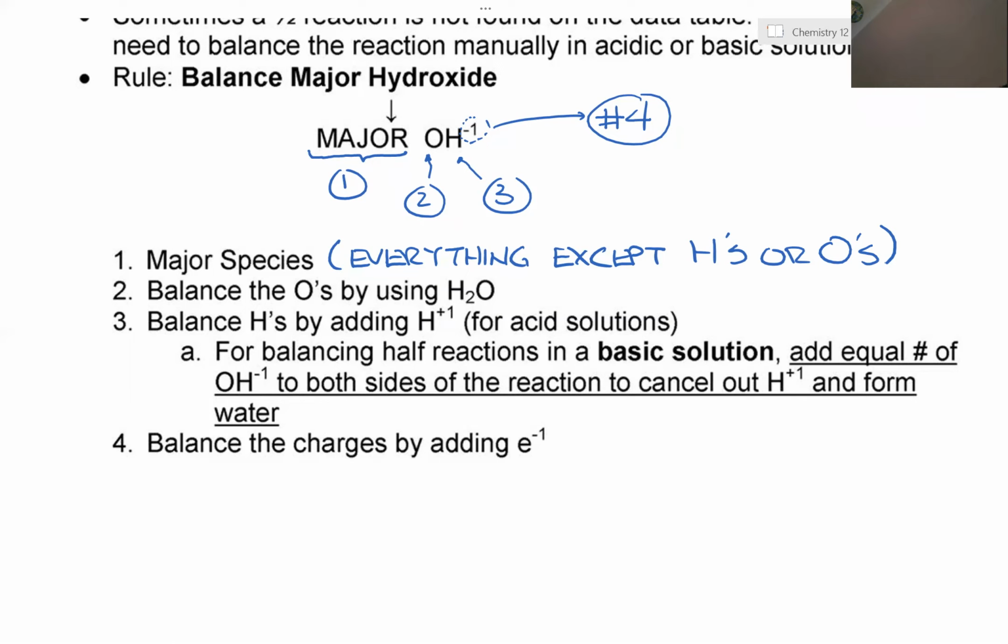Because the oxygens are balanced out in step number 2, and the hydrogens are balanced out in step number 3. Now, there is a 3a. It says for balancing half reactions in a basic solution, add equal numbers of OH- on both sides of the reaction to cancel out the H plus and form water. And for step number 4, it's balance the charges by adding electrons.